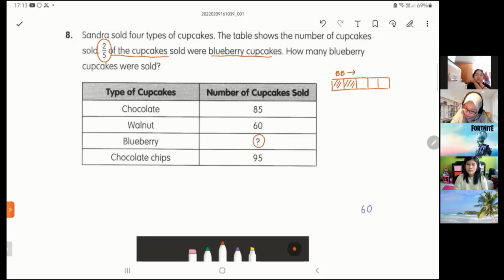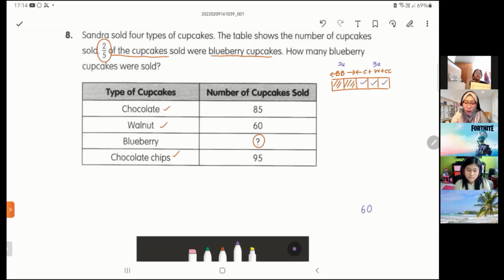I put BB. Then the rest of them here will be my chocolate plus walnut plus chocolate chip. Correct or not? The balance here is the other three: chocolate, walnut, chocolate chip. So my blueberry is 2 units, and my chocolate plus walnut plus chocolate chip is 3 units. Why? 1, 2, 3.